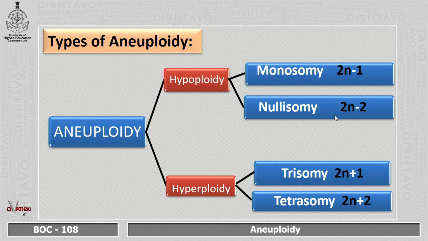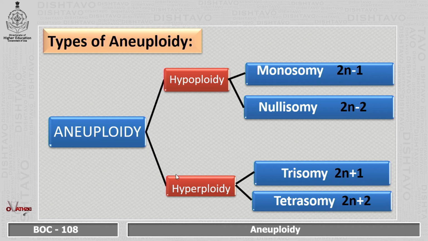Nullisomy, two chromosomes, they may be the same pair or they may be from two different pairs of chromosomes in the set, missing. So, that is called hypoploidy, wherein there is a loss of chromosomes in the set. So, two types, monosomy and nullisomy.